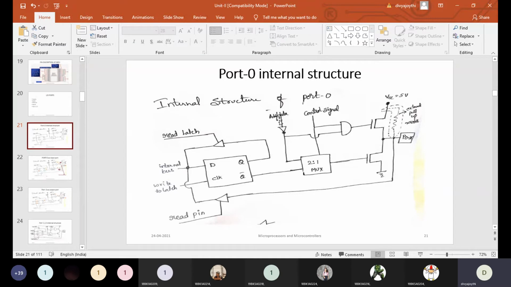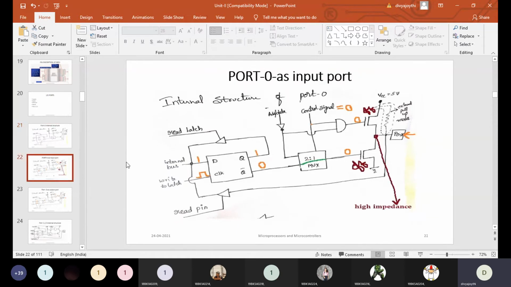To make sure that it is not carrying any address and it is not carrying any data, the control signal value should be 0. I am repeating once again, as port 0 is multiplexed with address and data lines, those pins may act as an input port or output port, and they may also carry the address lines or data lines.